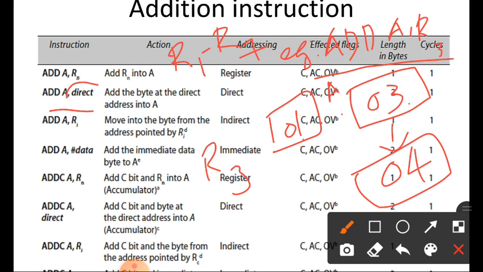Then ADD A direct. Here the address of the data will be directly specified, then that content will be added with the accumulator.